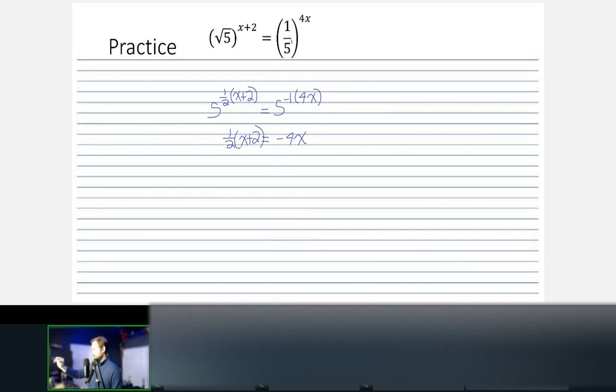Multiply both sides by 2 to get x plus 2 equals negative 8x. Then I'm going to add 8x to both sides, so I get 9x, and then subtract 2 from both sides, and then divide both sides by 9. Hopefully what I did makes sense. Negative 2/9.